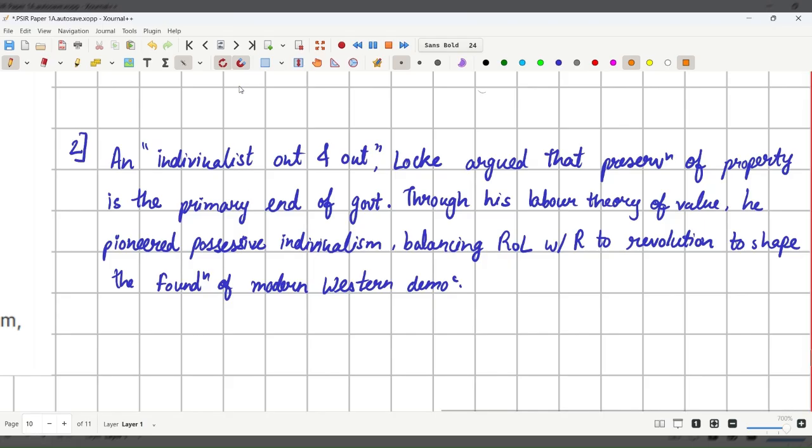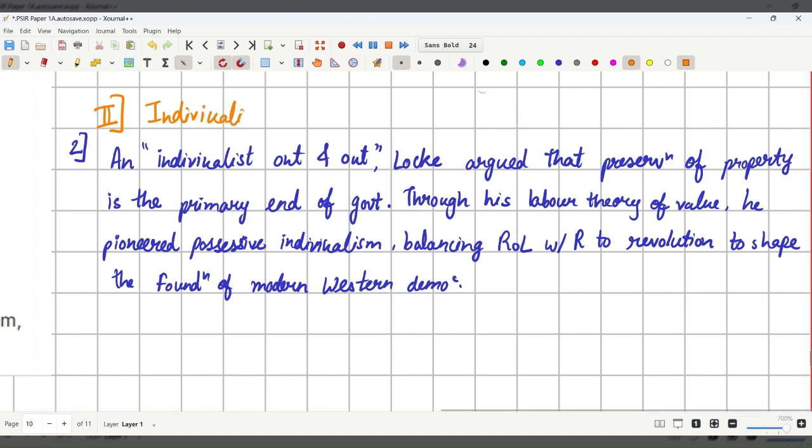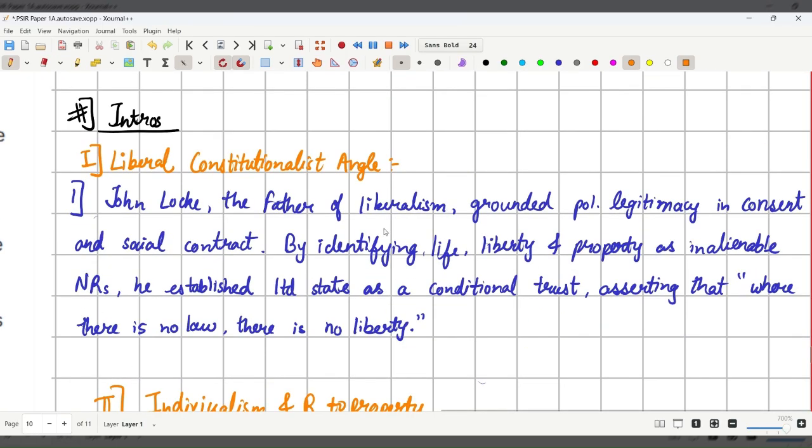So if questions on individualism and the right to property are asked, you can use this introduction. So these are the two introductions.